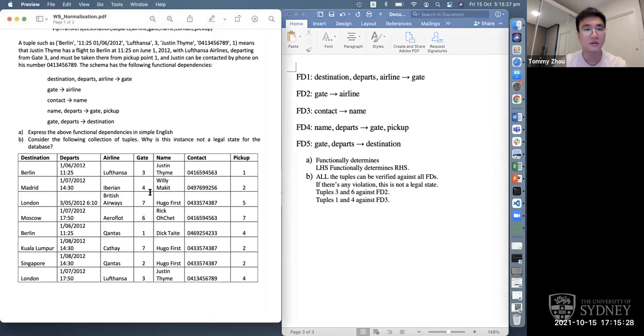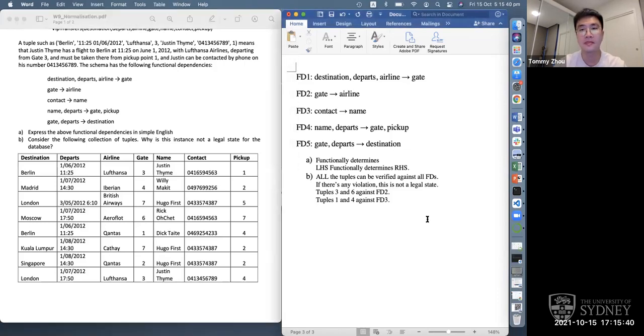So tuples 5, 6 and 7. Yep. Which violation is it against?